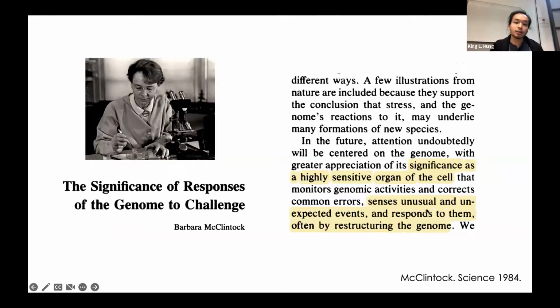It senses unusual and unexpected events, and responds to them often by restructuring the genome. So in her view, the DNA is not a static fixed entity, but is rather dynamic and responsive to environmental changes. And I think we're seeing more and more examples of this in cancer genomes.